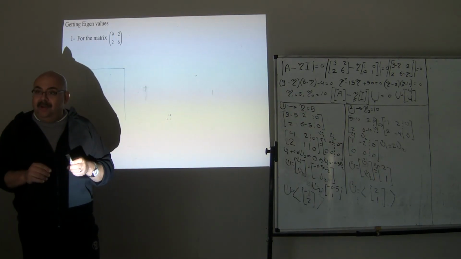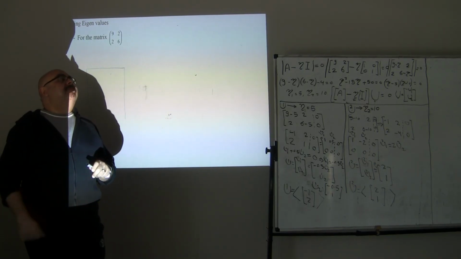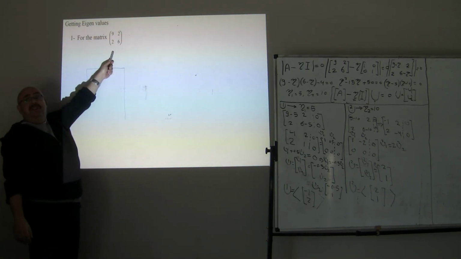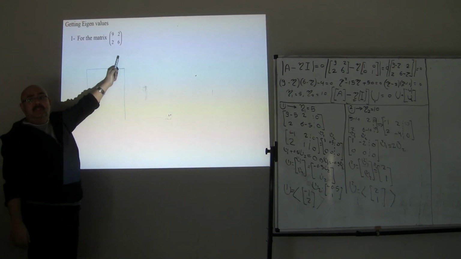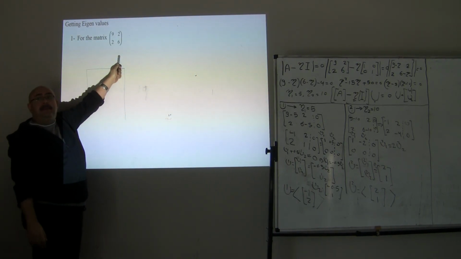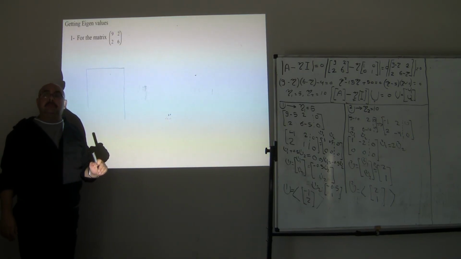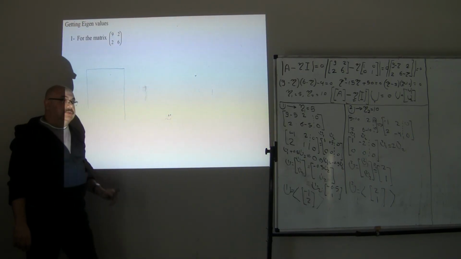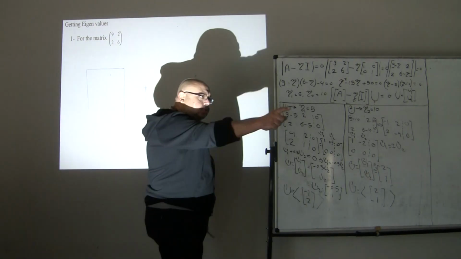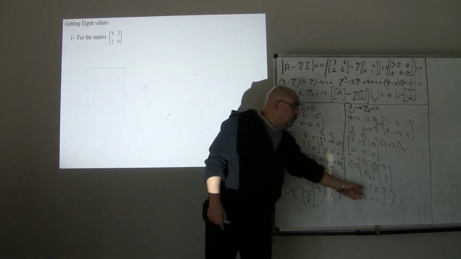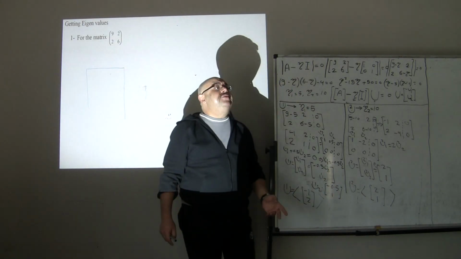Okay, a remark. If this matrix is a symmetric matrix, you will have orthogonal vectors. Look at those vectors, they are orthogonal. How to know if they are orthogonal? This vector and that vector, how are they going to be orthogonal?